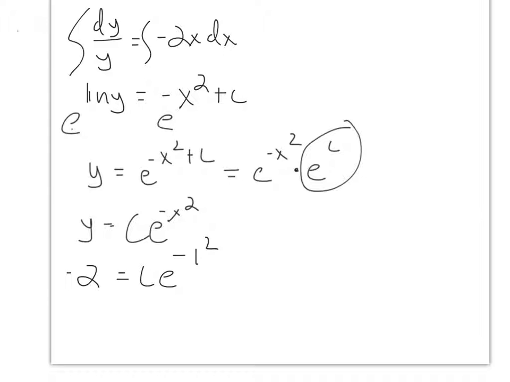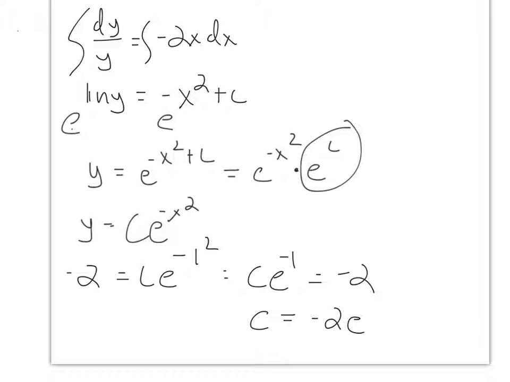So we end up with 1 squared is 1. So this really becomes c e to the negative 1, and that equals negative 2. So then e to the negative 1 is really 1 over e. Our constant ends up being negative 2e.